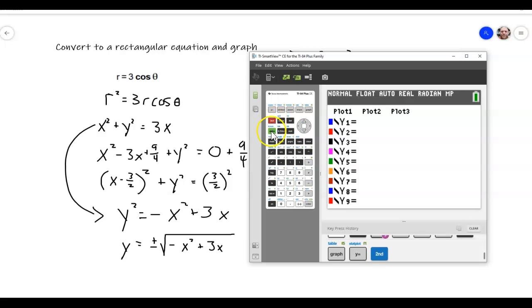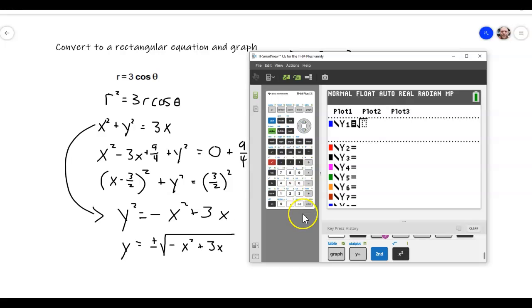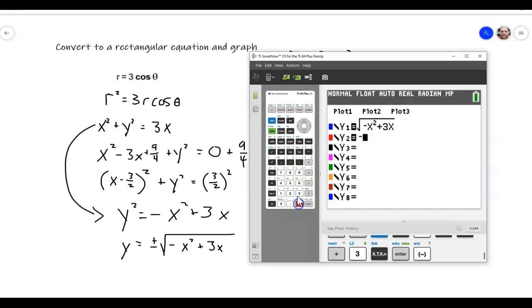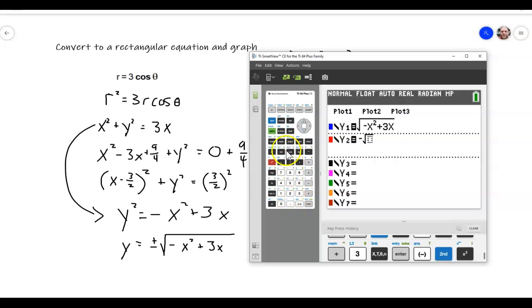So my first equation is going to be the square root of negative x squared plus 3x. And my second one should be negative square root of negative x squared plus 3x.